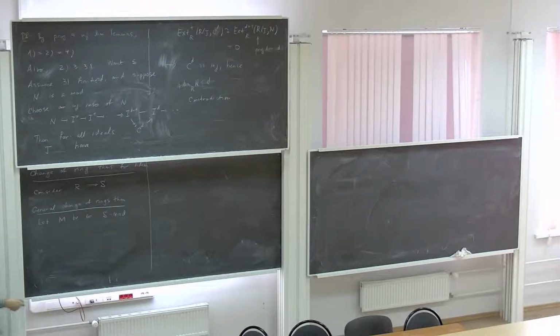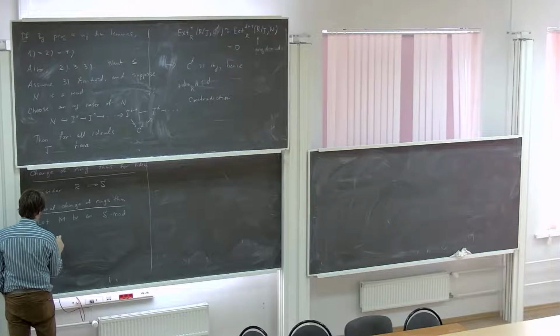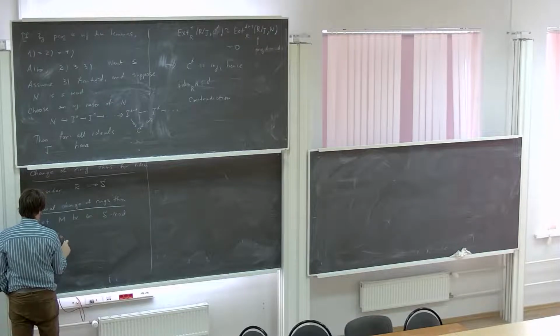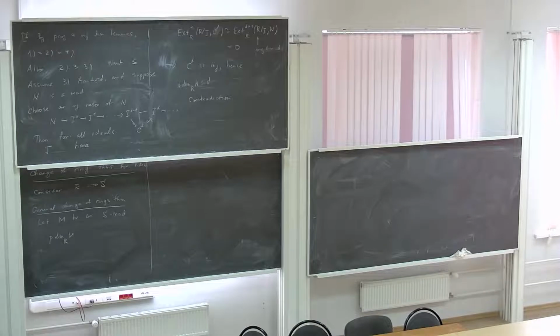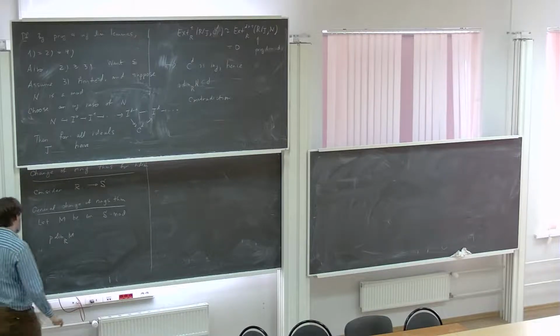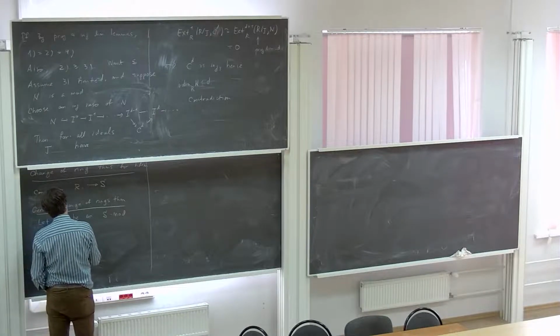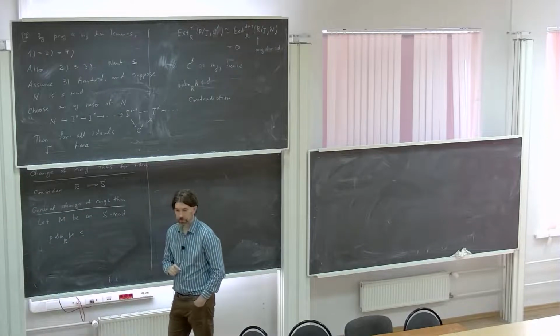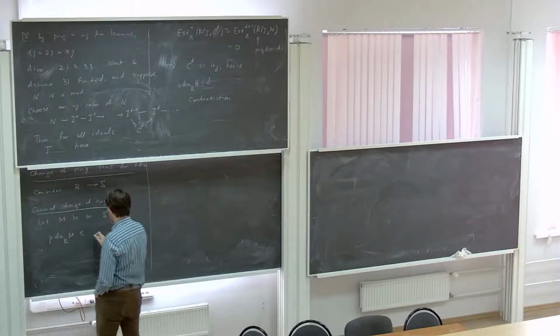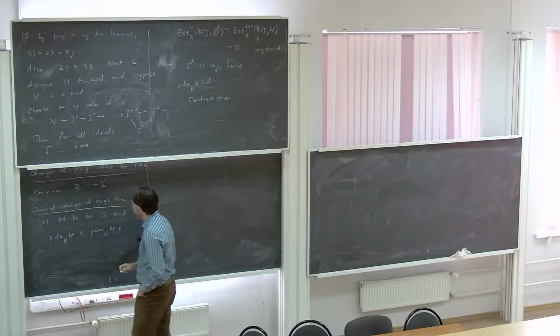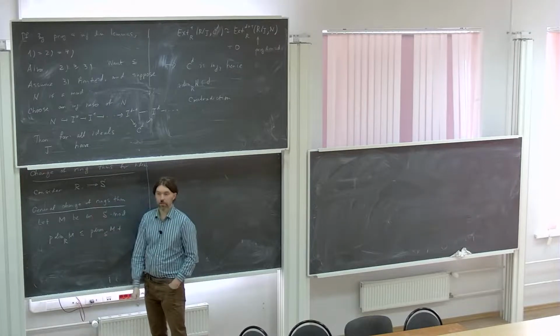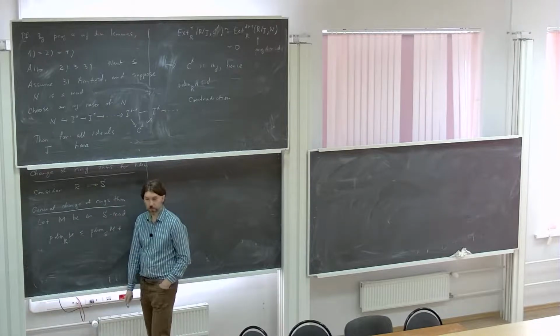I'll just let it be understood. So I can consider M as an R module and ask what its projective dimension is. And the claim is that it's no bigger than the original projective dimension over S plus I can consider S as an R module and ask what its projective dimension is.